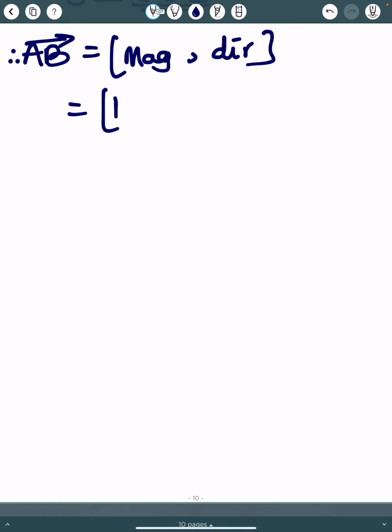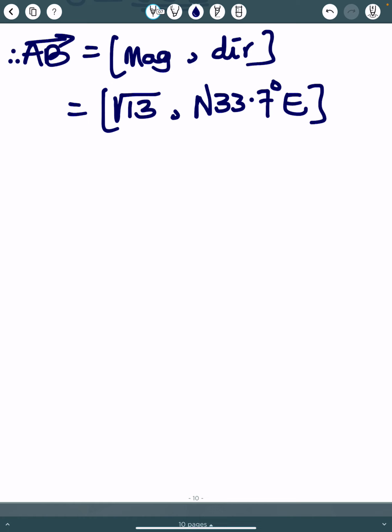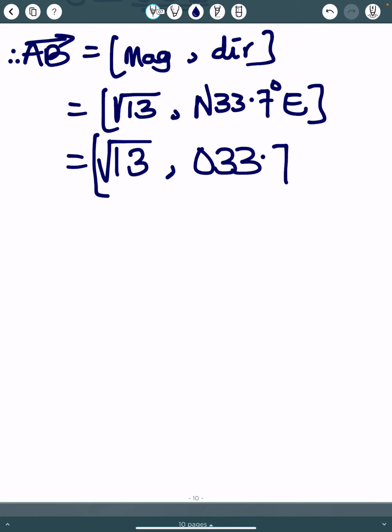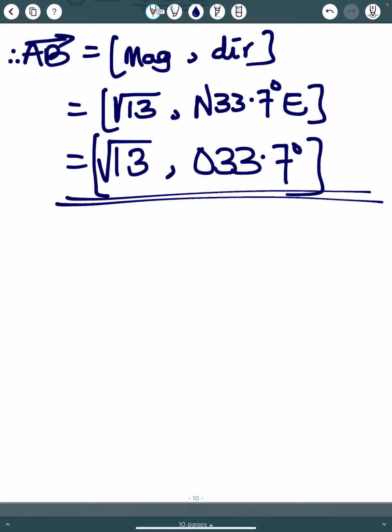AB will be root 13, north 33.7 degrees east, if you like to write your direction in acute angle form, but I prefer the 3-digit form. So my vector will be written like this. AB will be written like this. This is in what? This is in polar form.